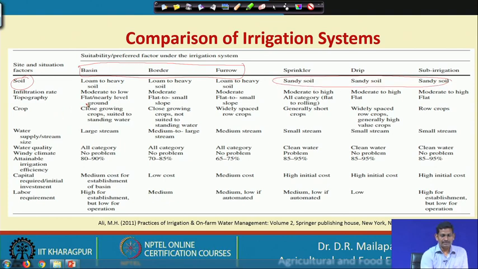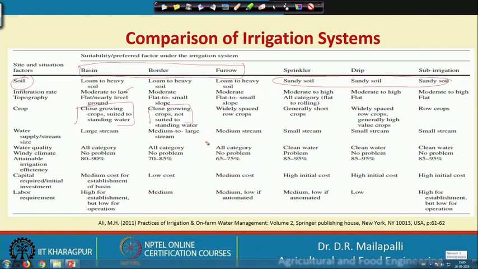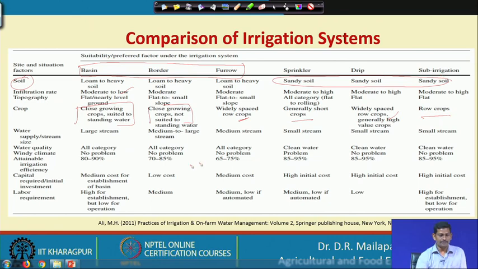Infiltration rates could be moderate to low, and this is also moderate to low, and moderate to high infiltration rates can be achieved. Crops: closely growing crops, and widely spaced crops in this case, and generally short crops, otherwise you have to increase the riser pipe, which will add to the cost. For widely spaced crops, drip irrigation is used in order to reduce the cost, and for row crops generally subsurface irrigation, sub irrigation.